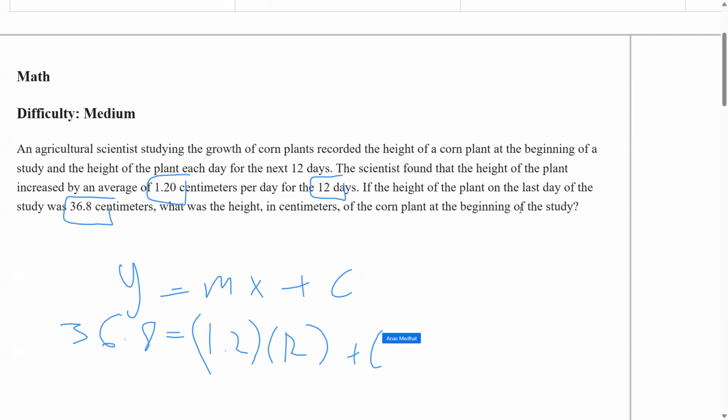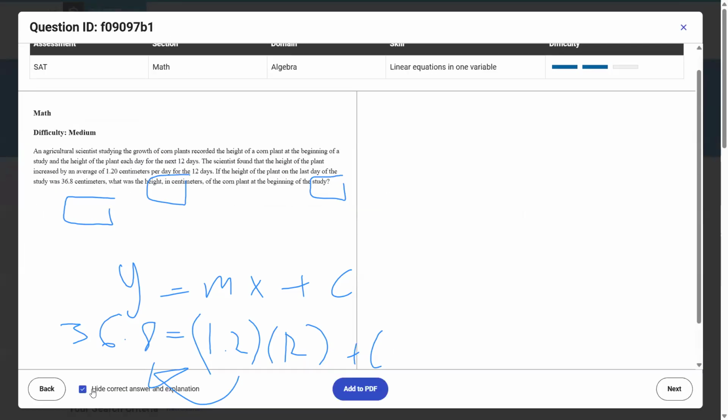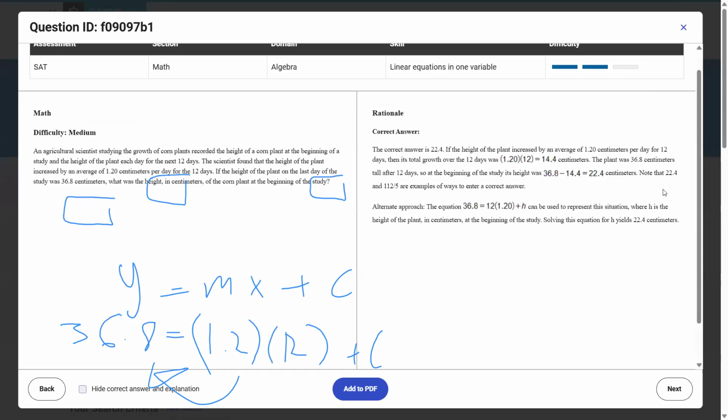Now shift this to the other side. 12 times 1.2 is 14.4. So 36.8 minus 14.4 should be 22.4. Let's check the answer. It's 22.4.